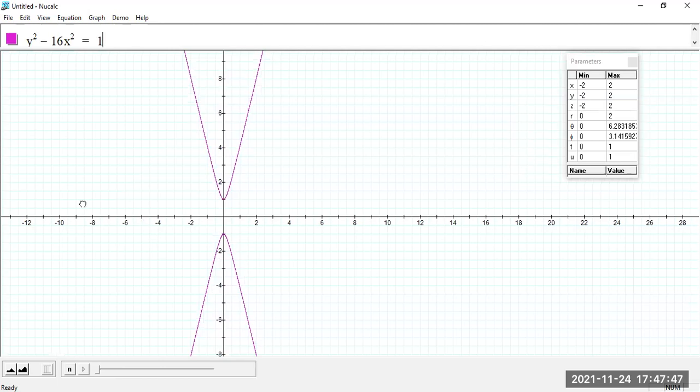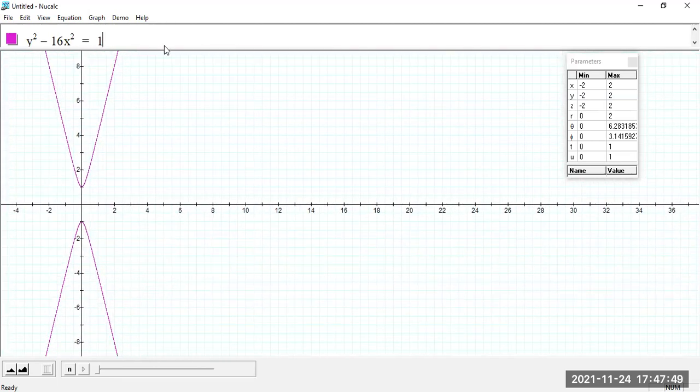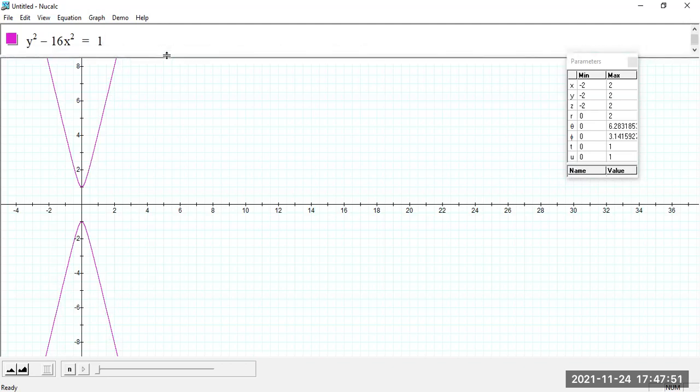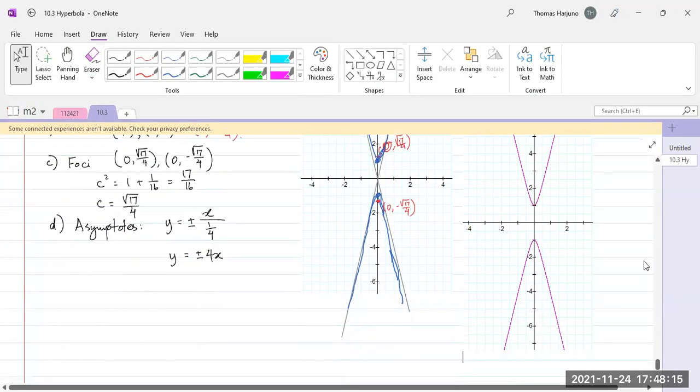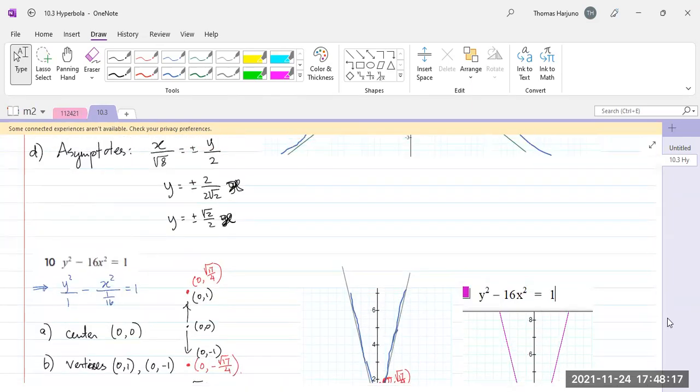Let's screenshot that and put it next to our graph earlier. See? Okay.